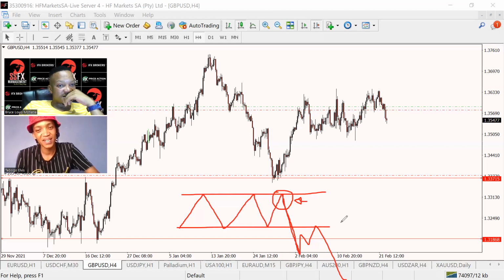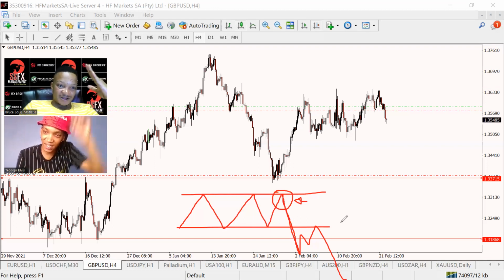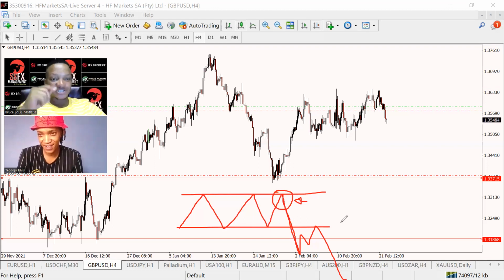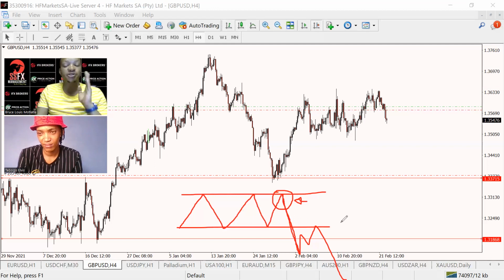So it means that a sell signal from that resistance can even come and bring down the support, because it's a strong one. That's why you should know which candlesticks are strong and which ones are weak.